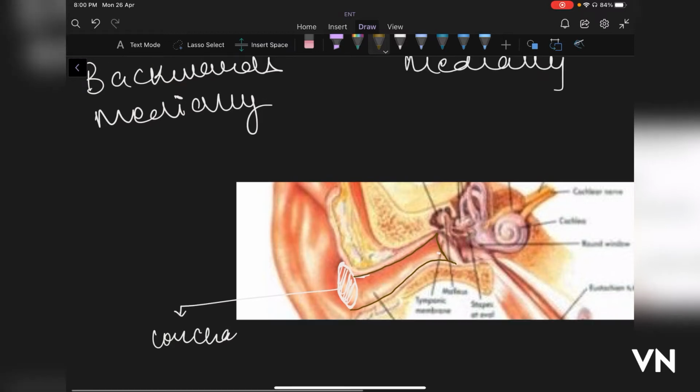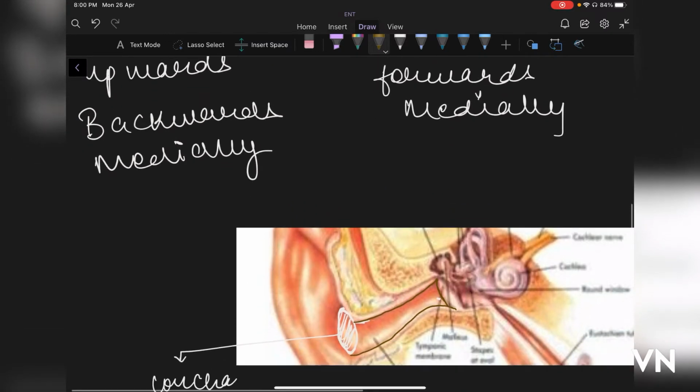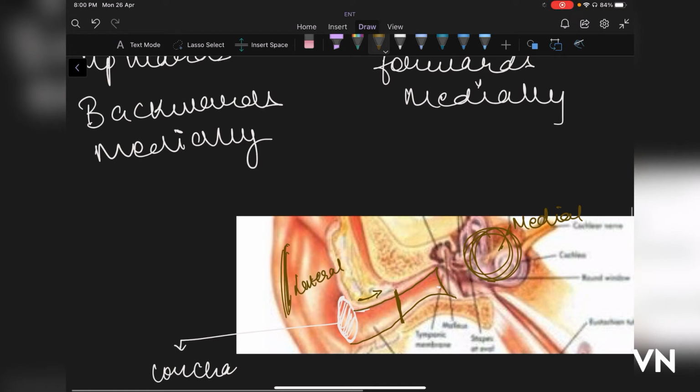Now what happens is, the outer part goes upwards. So this is the part going upwards. Upwards, it goes towards the back. That is why it goes backwards, and it goes medially. So the parts towards your pinna are lateral, and those towards the inner side of the ear, these parts are your medial side basically. So it goes upwards, it goes backwards, and it goes medially.